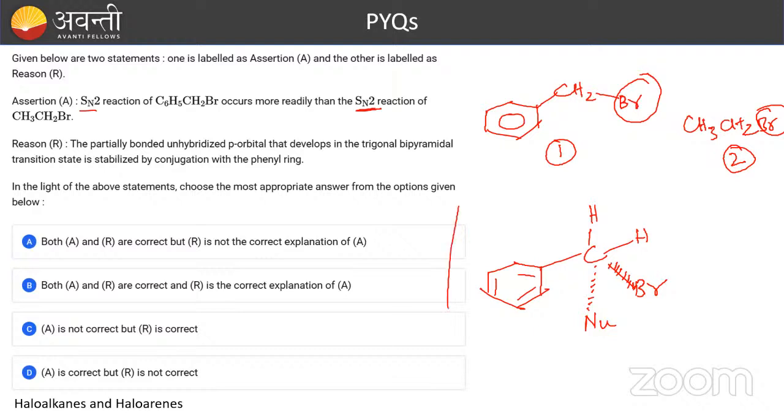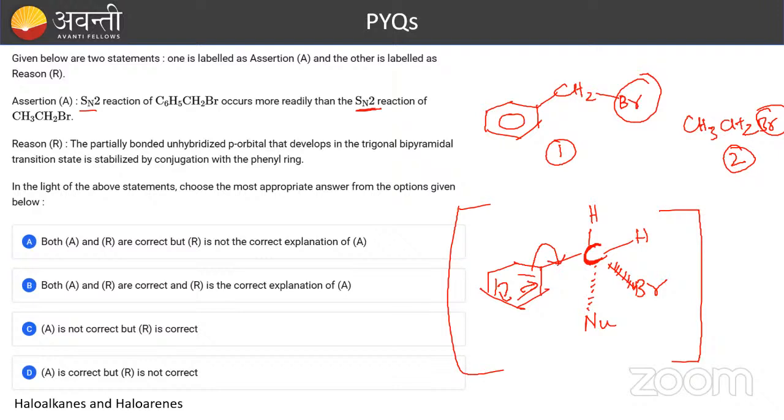So this is the pentavalent system, in which the carbon has five bonds. In this pentavalent transition state, this carbon is stabilized through conjugation with the phenyl ring. The pi electrons present on the ring will come and stabilize it.